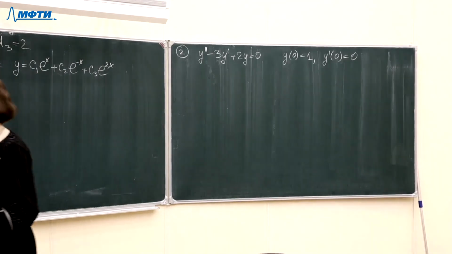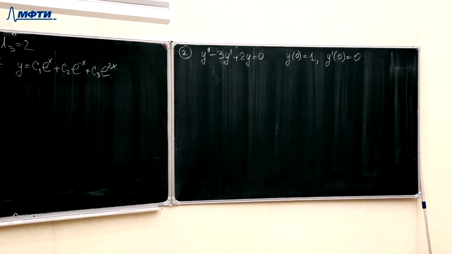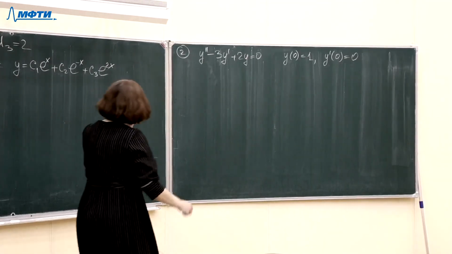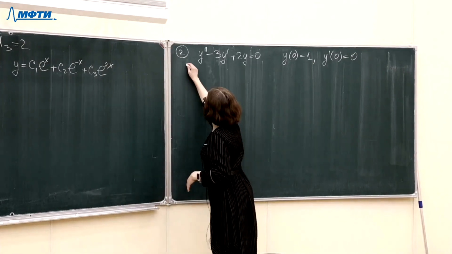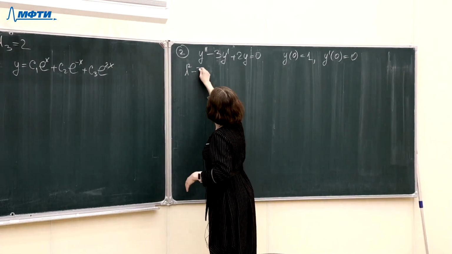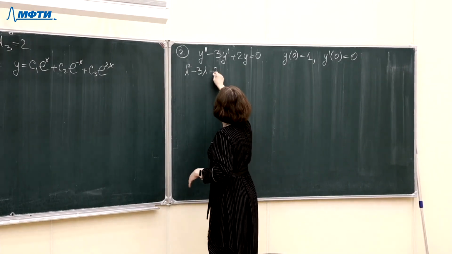Let's solve the initial value problem. We start with the characteristic equation, lambda squared minus 3 lambda plus 2 equals 0.